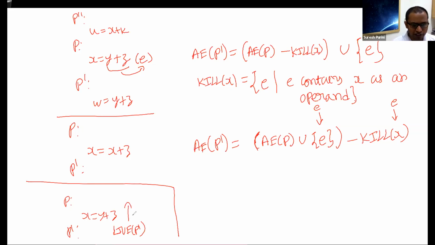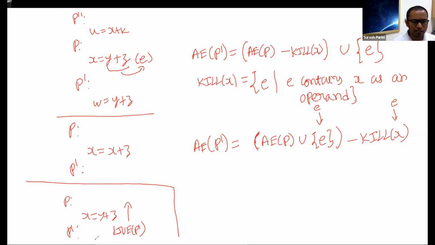When we push this set upwards to program point P, we say that the variables Y and Z are live because we are using them in this tuple. Then the variable X, we take it out from the liveness set, because X is being defined here.